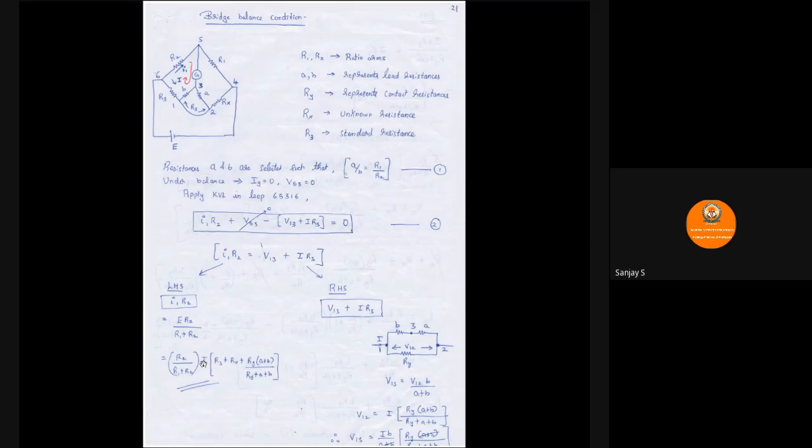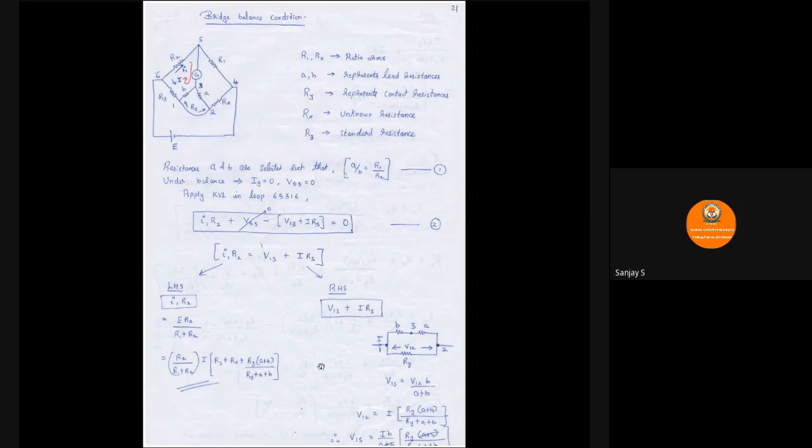That when multiplied with I will give you the voltage, multiplied by the resistance connected in parallel here, that will give you E. If you observe, between 6 and 4 we have R3, we have Rx, we have the parallel combination of Ry, A and B. So R3 plus Rx plus this parallel combination, that is Ry into (A plus B) by (Ry plus A plus B), multiplied by the current will give you the drop across this. That when multiplied by R2 by (R1 plus R2) will give us the LHS.